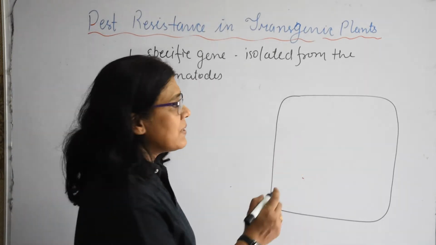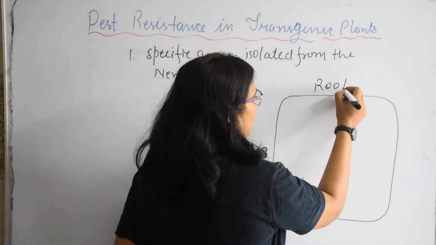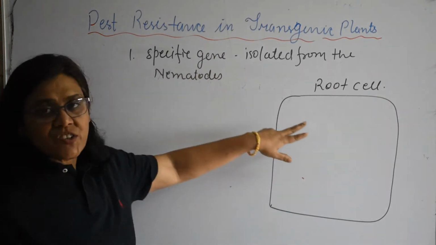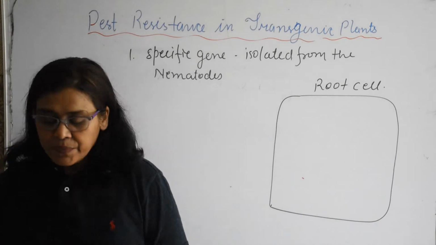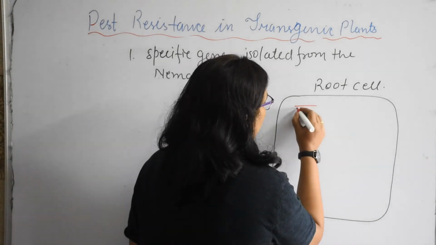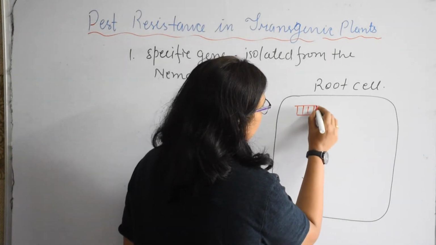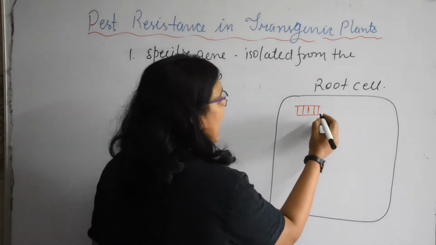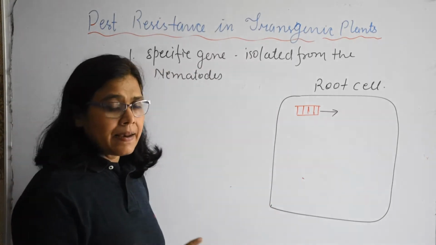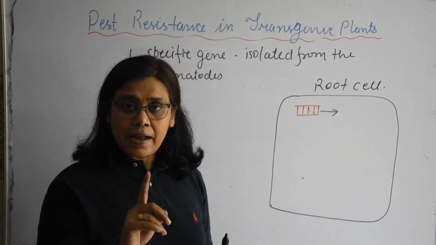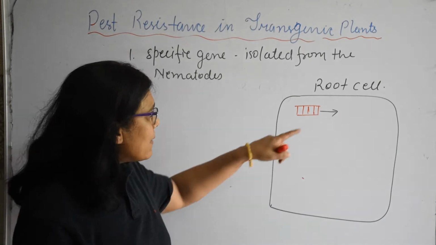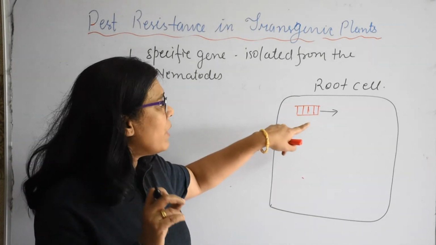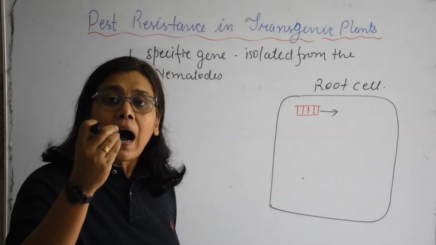So this is the root cell, and in the root cell the specific gene has been introduced. So this is double-stranded DNA, and it will transcribe in such a way that both the strands, that is antisense and sense, will transcribe into RNA.